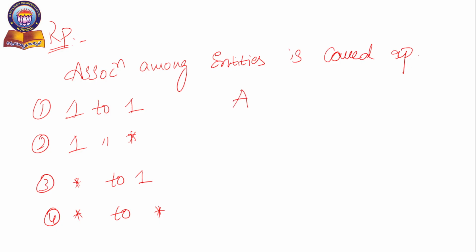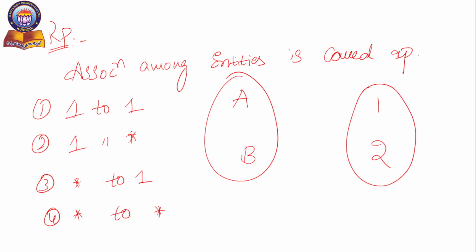Example, let's consider some sets. One-to-one relationship is nothing but only one entity of the first set is related to only one entity of the second set.